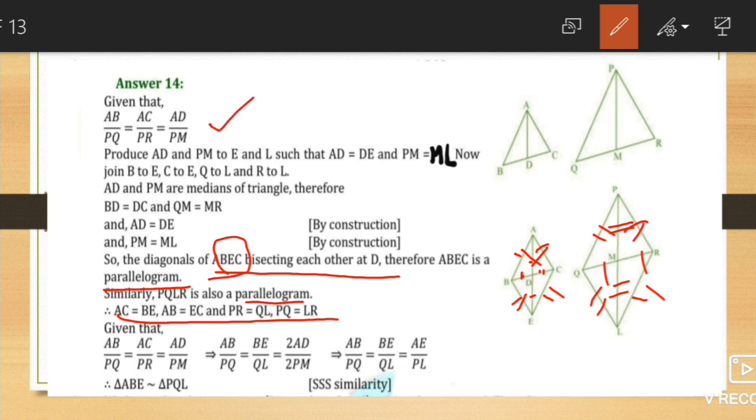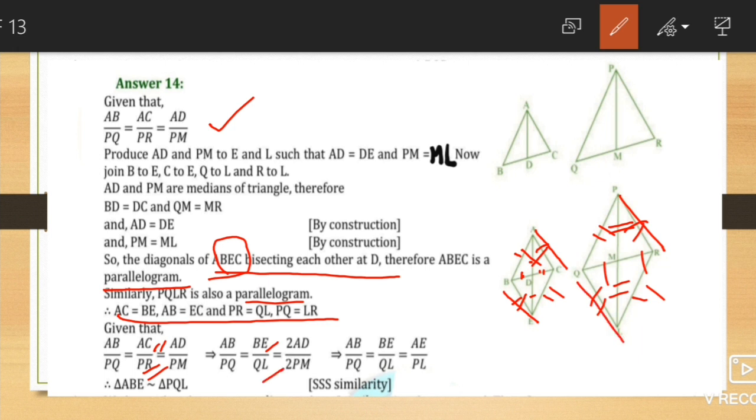Now in place of AC by PR, since this AC side is equal to BE, in place of AC you can write BE. In place of PR you can write QL.